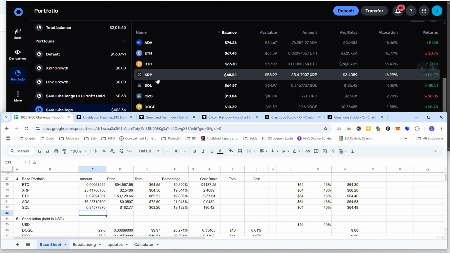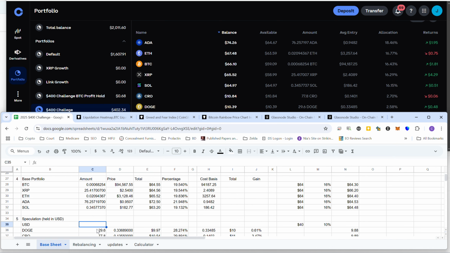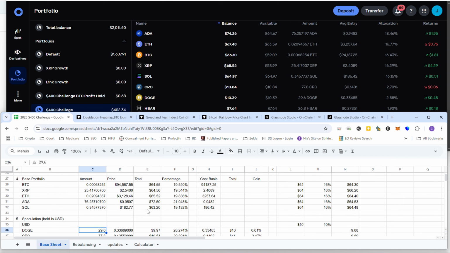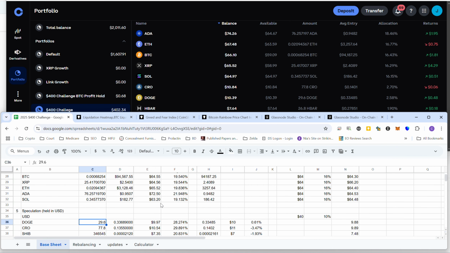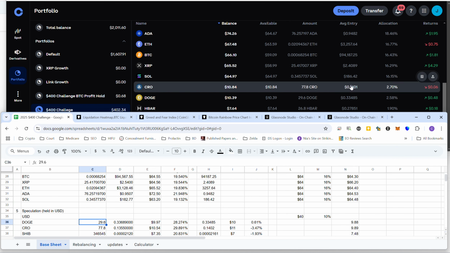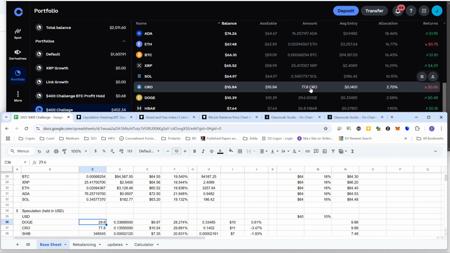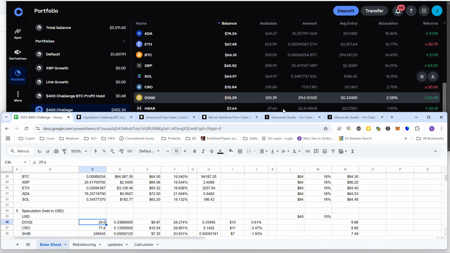Okay, let's get our Doge in. We now have 29.6 Doge. Cost basis on those would not have changed. The only place there might be a change is Crow, because didn't we buy more Crow the other day? Oh, we updated it. We've got 77.8. So yeah, it looks like we updated.